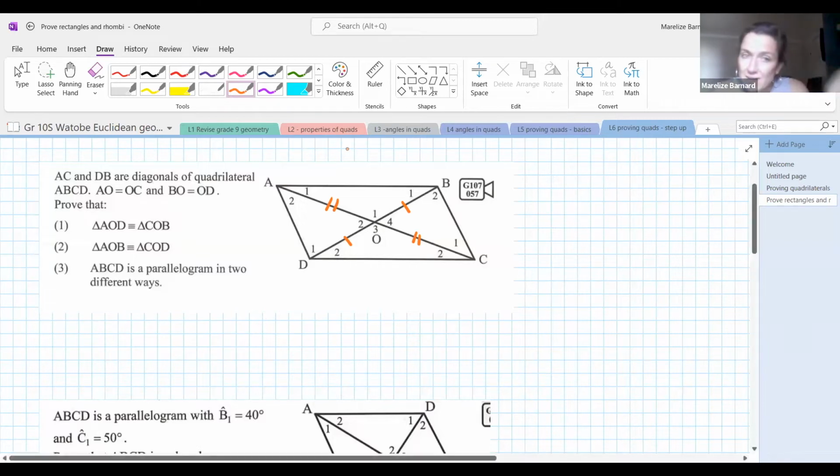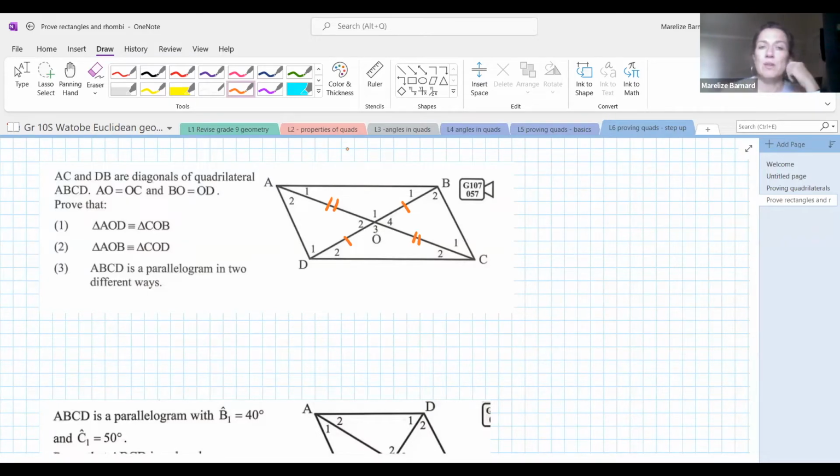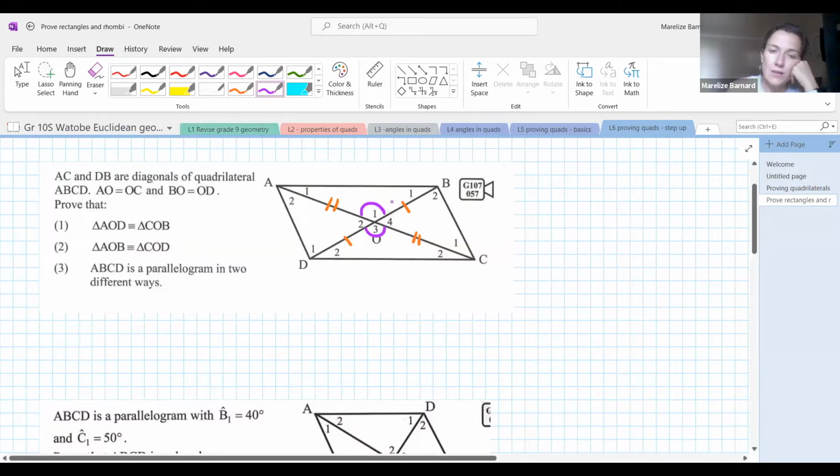But in this case, that's all we have. We don't really have angles or anything of which we can do values, but we can maybe look at stuff like, okay, so O1 and O3, they will be equal.